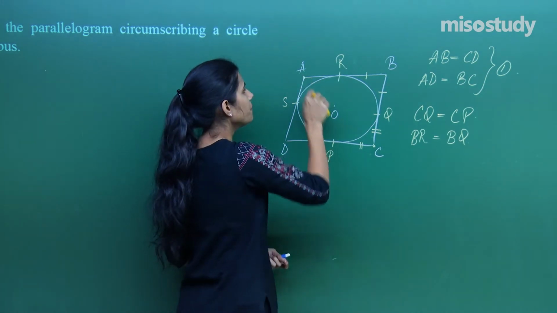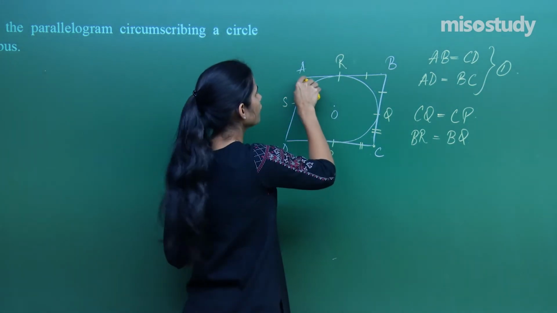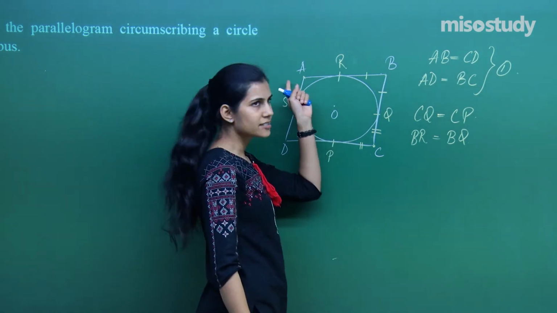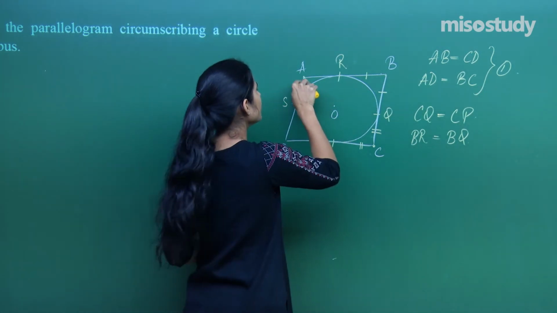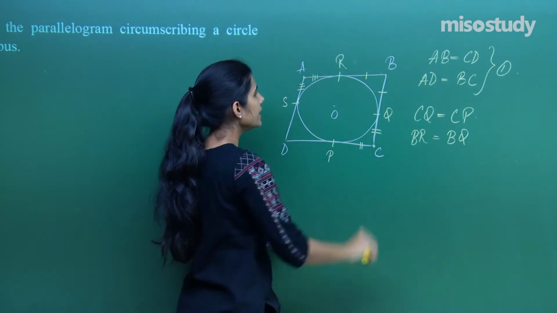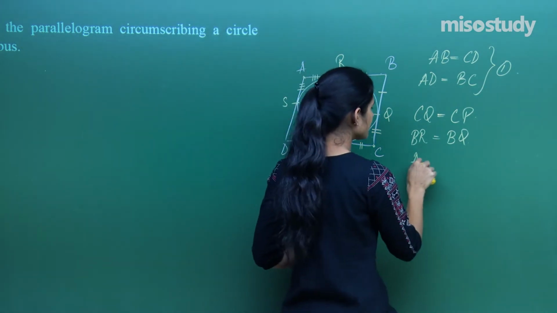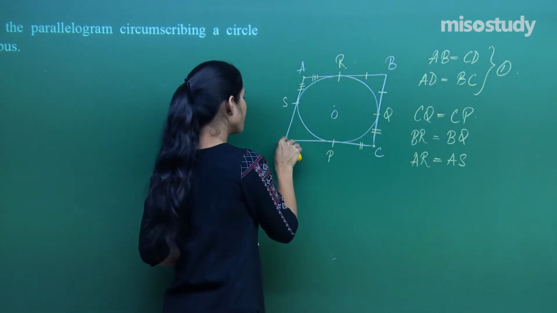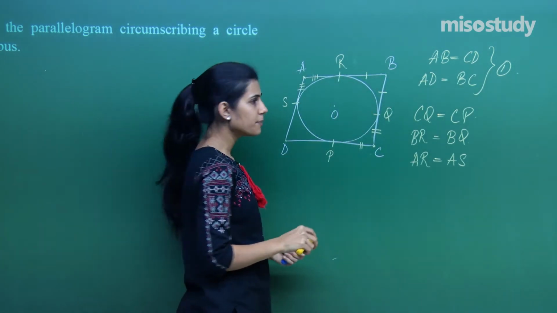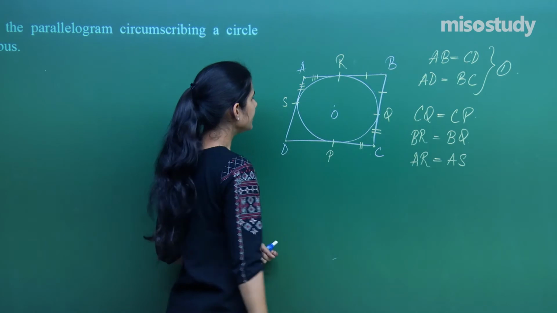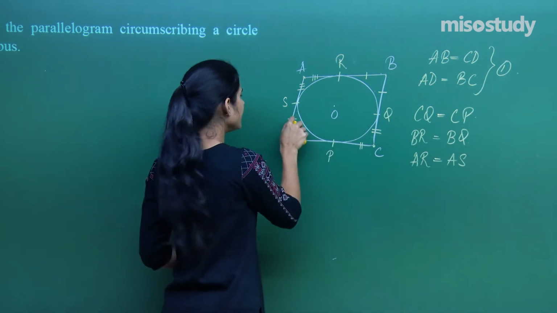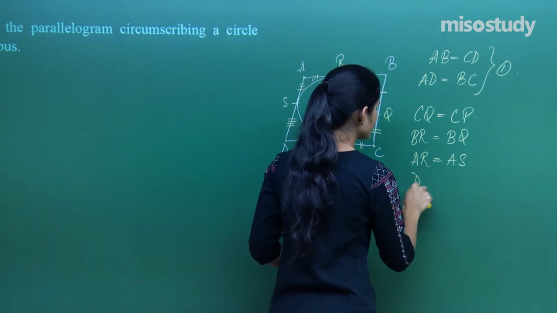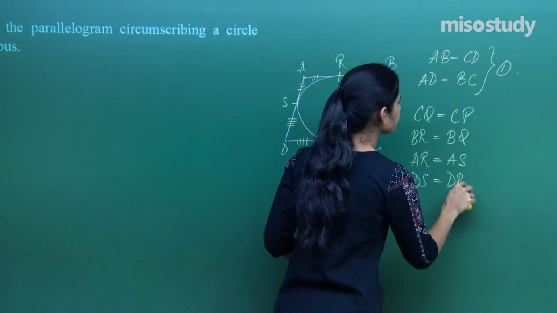Again, point A: AR and AS are two tangents drawn from this external point A to this circle, so they will be equal in length. AR will be the same as AS. Similarly, D is an external point. When you draw two tangents, DP and DS, they will be equal in length, so DS is the same as DP.